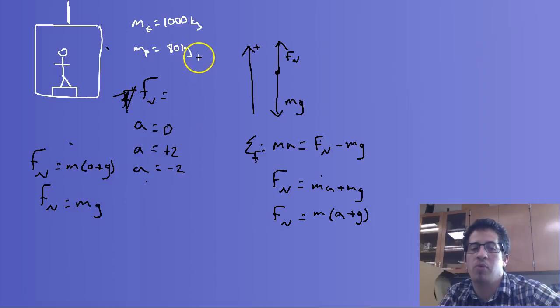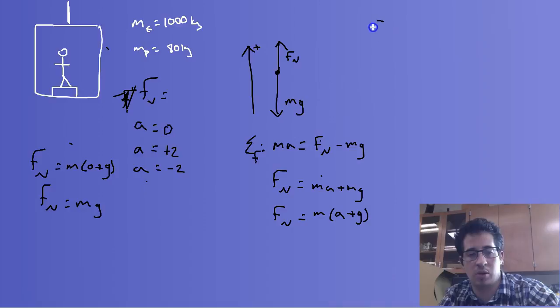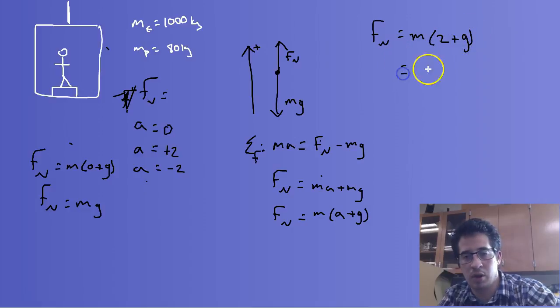But let's say we have upward acceleration of 2 meters per second squared, then the normal force is going to be equal to m times (2 plus g), or basically mg plus 2m, so a little bit more than the weight.